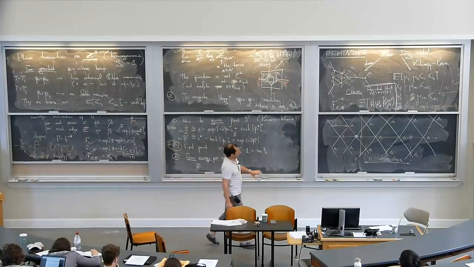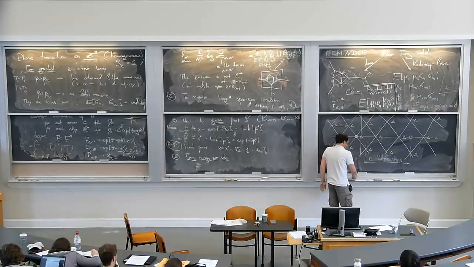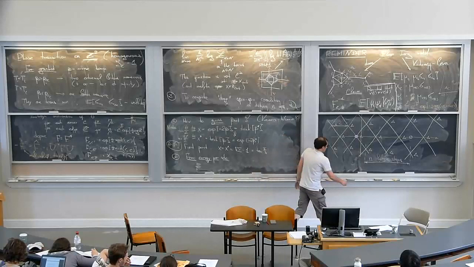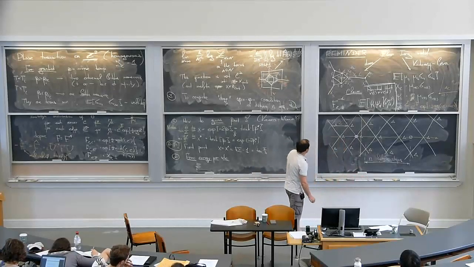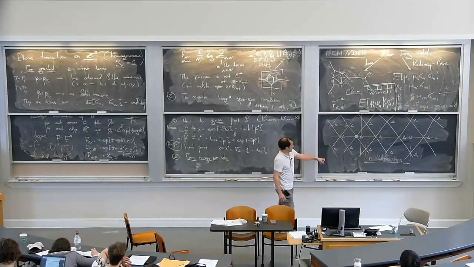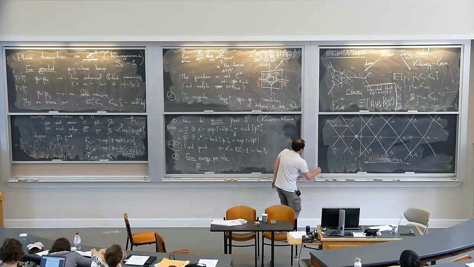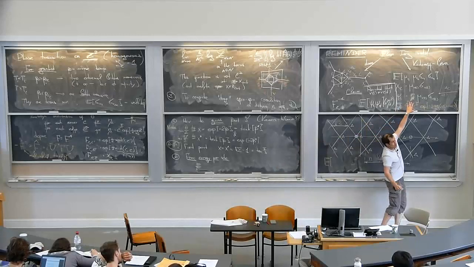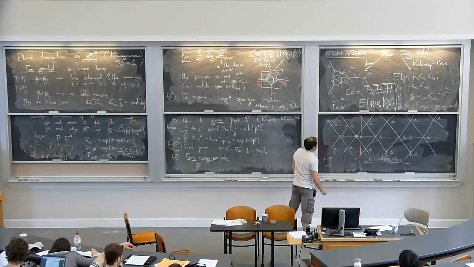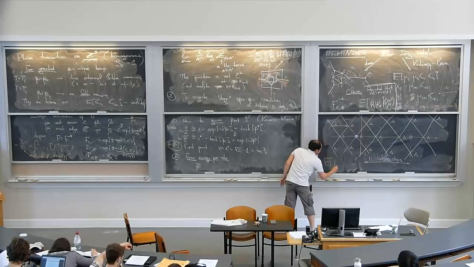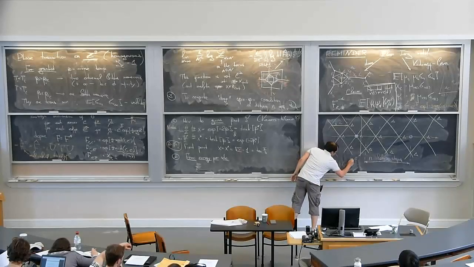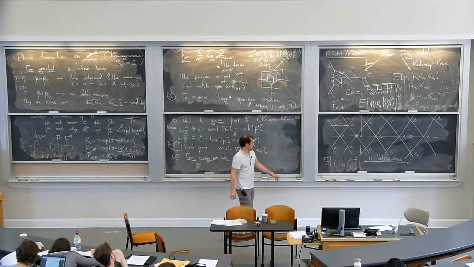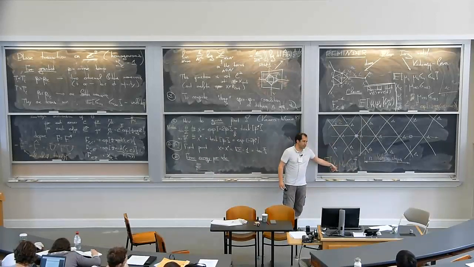So what will be my main technical tool? My main technical tool for such a computation will be the following function. I'm going to write it here. So using this formalism, I'm going to consider such a correlator. So I have one disorder, one spin, and another two coupled with each other.